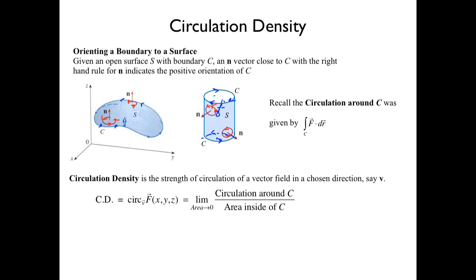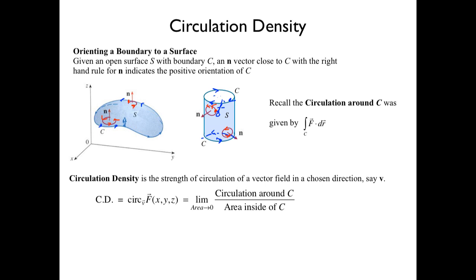Okay, and so how do we calculate that? So it would be the magnitude of the circulation around C divided by the area inside C. And then you would let that little boundary C and the area inside C go to 0.